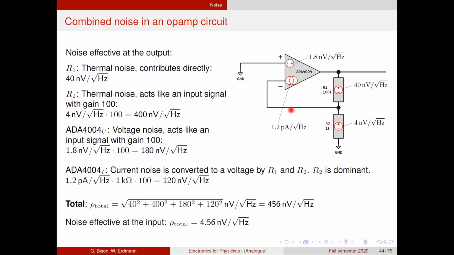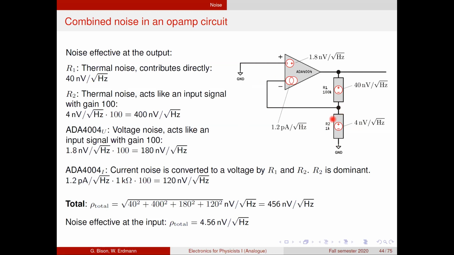Now remember, we are in a situation where all inputs are connected to ground, and of course the output is also at 0 volts potential. So what we have in effect now is a current that is connected through this resistor to ground and through this resistor to ground. So it's a parallel configuration of two resistors.